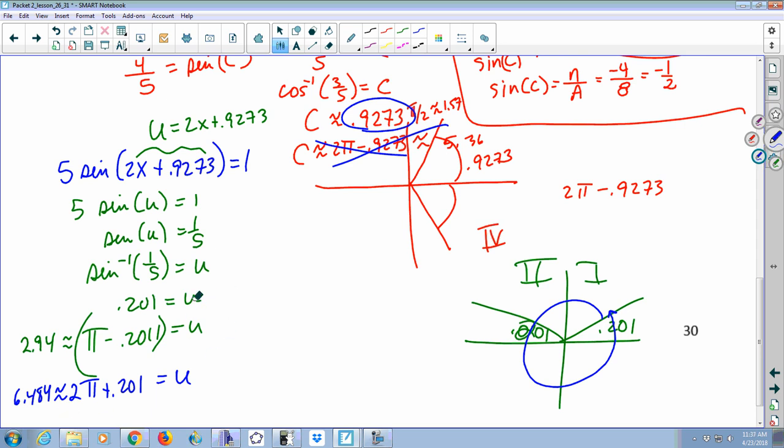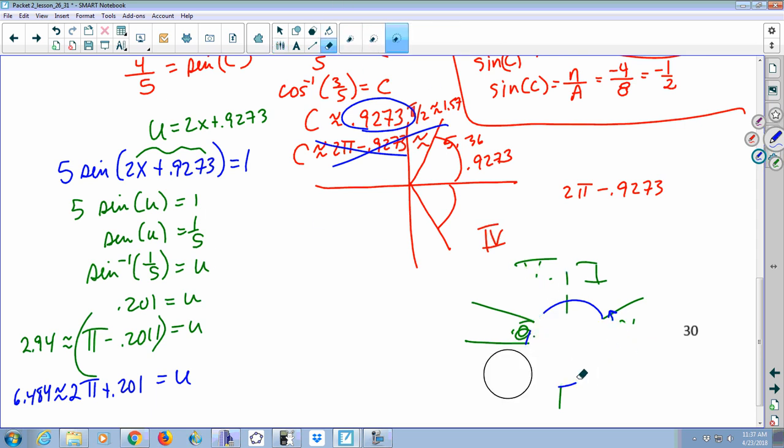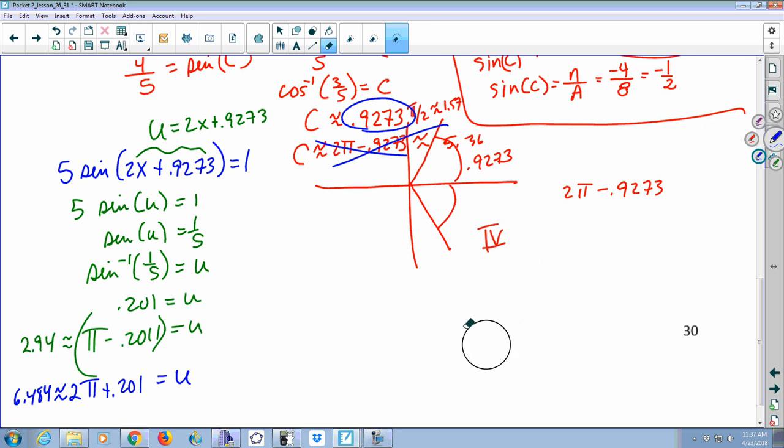Now what do you do with all of this? These are your U values, but U is equal to this up here. So all you do is substitute back. U is equal to 2x plus 0.9273. One of the possibilities for U is 0.201. This is supposed to equal 1, right?